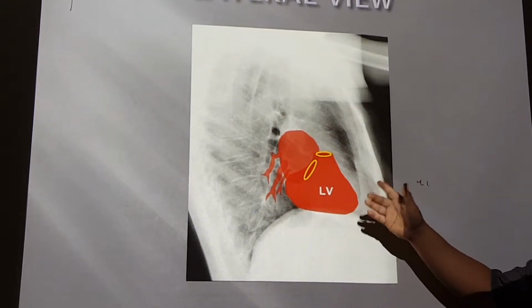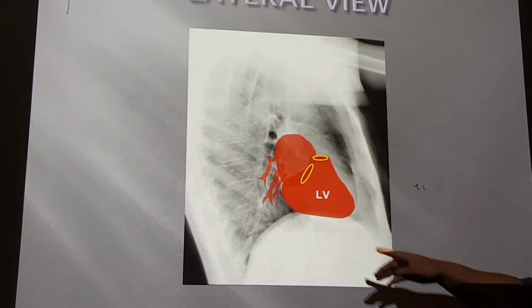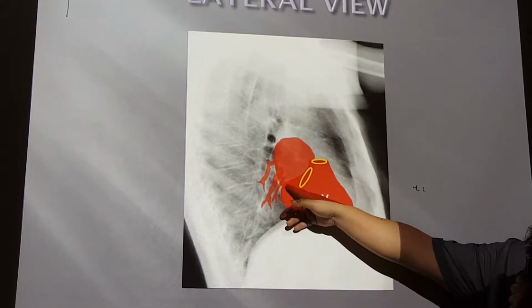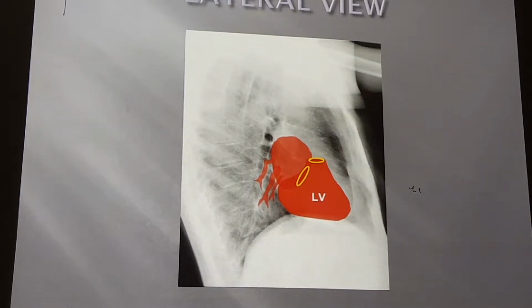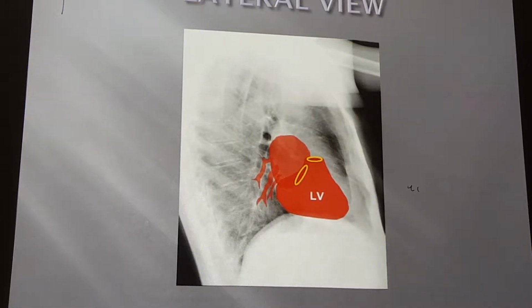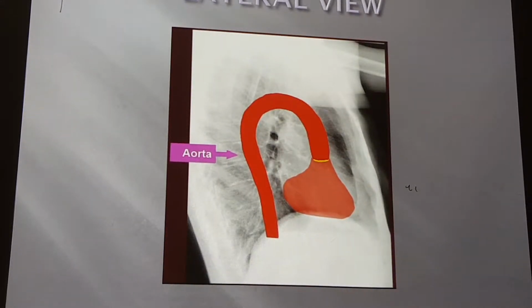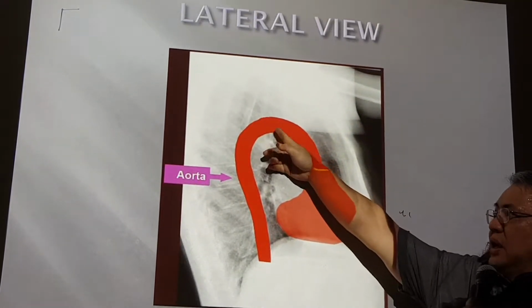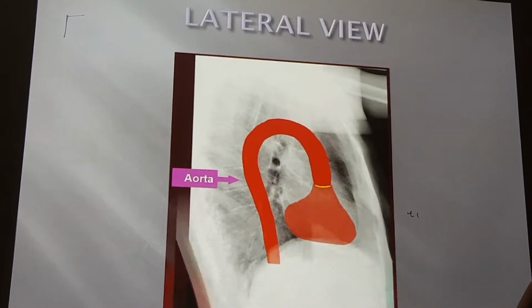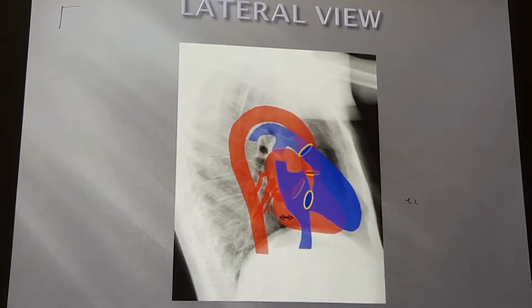In the lateral view, your left ventricle, aside from forming the left border of the heart, also forms the posterior and lower half of the cardiac silhouette in the lateral projection, and superior to it is your left atrium. Next slide. That's your left ventricular outflow tract, your aortic valve, ascending aorta, aortic arch, then descending aorta. So that's the appearance of your right ventricular and left ventricular outflow tracts on a lateral view of the chest.